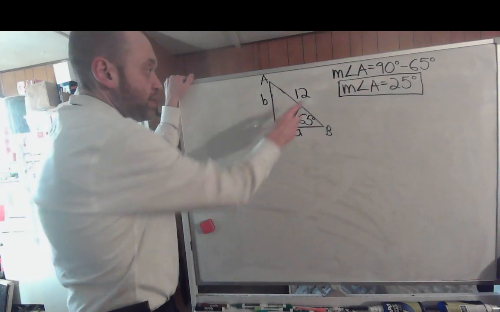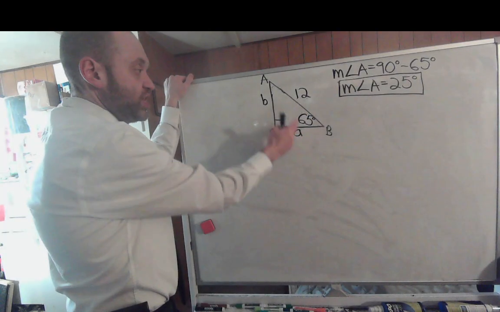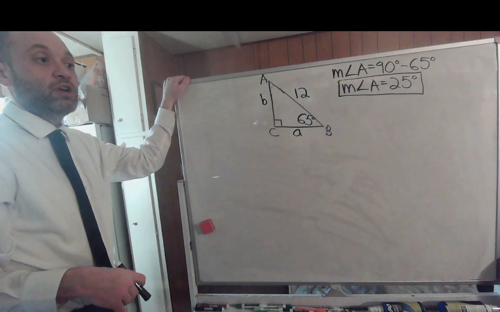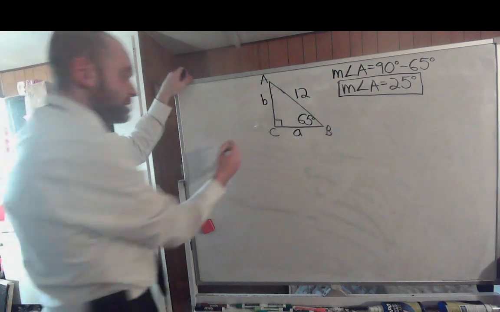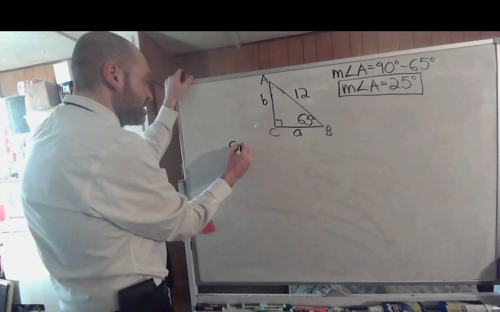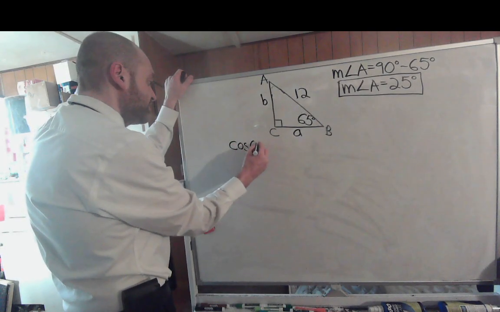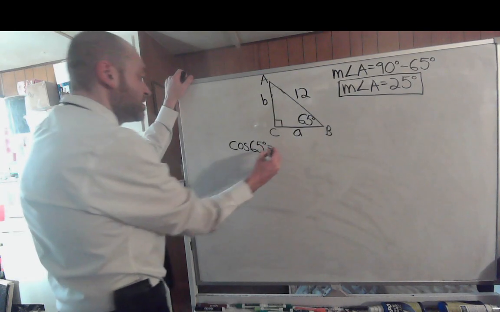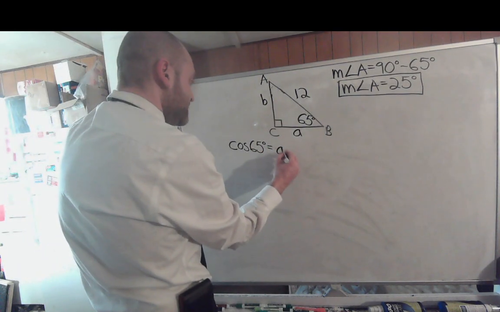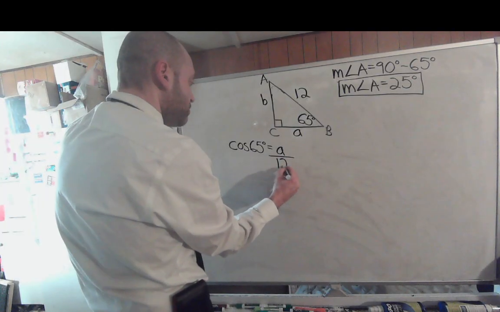So the hypotenuse is 12, A is adjacent to 65. Well, we know cosine is adjacent over hypotenuse, right? So that means the cosine of 65 degrees would have to equal your adjacent side A over your hypotenuse 12.